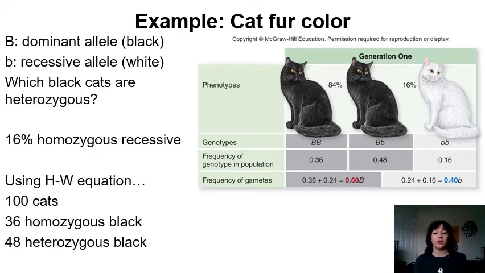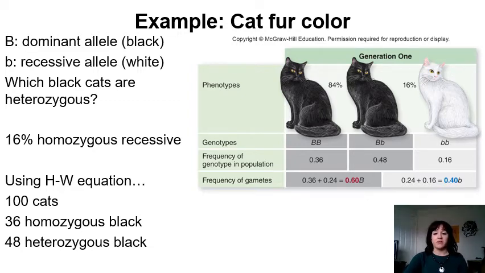And so you can use this equation to determine that, and using the Hardy-Weinberg equation, we said that 16% are homozygous recessive. We can determine that 48% are heterozygous black, and 36% are homozygous black.